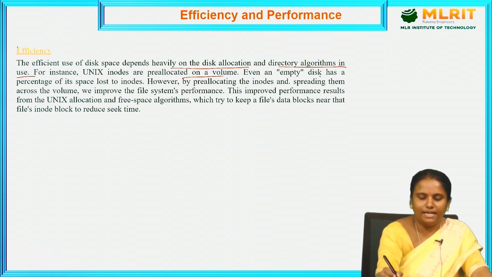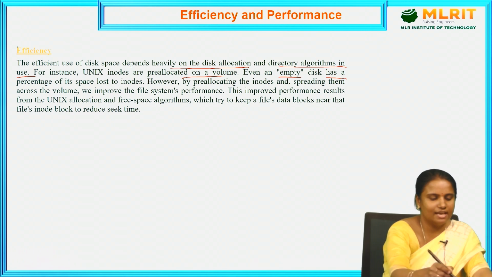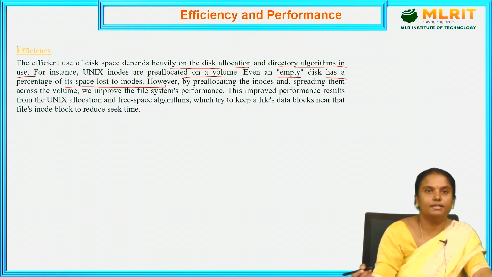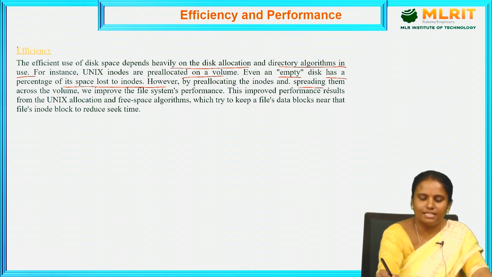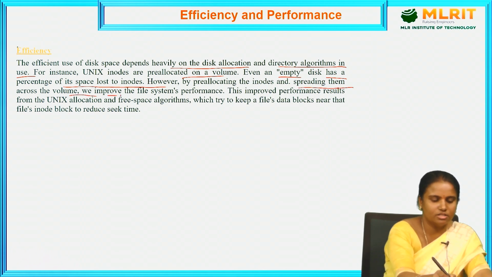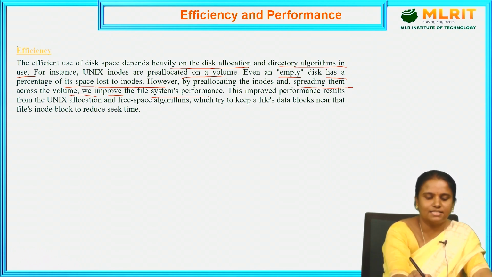Even an empty disk has a percentage of its space lost to inodes. However, by pre-allocating the inodes and spreading them across the volume, we improve the file system's performance.